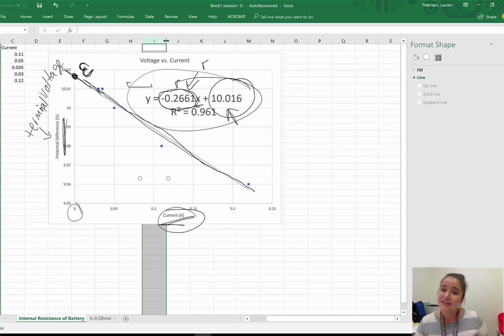So the internal resistance of my variable power supply that I did this data on is 0.2661 ohms. And again, if you're confused on this internal resistance stuff, I highly recommend you check out those A-level physics videos.